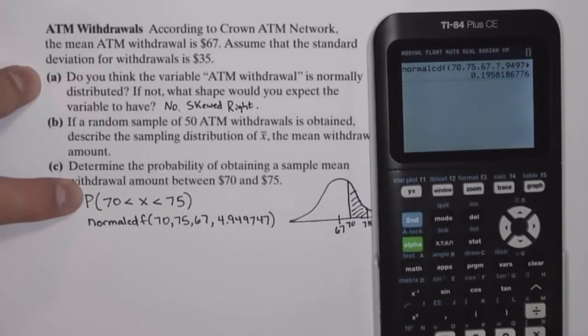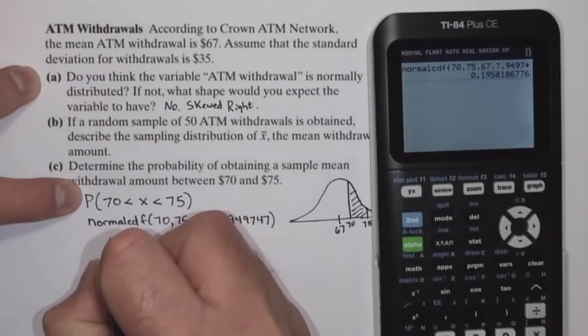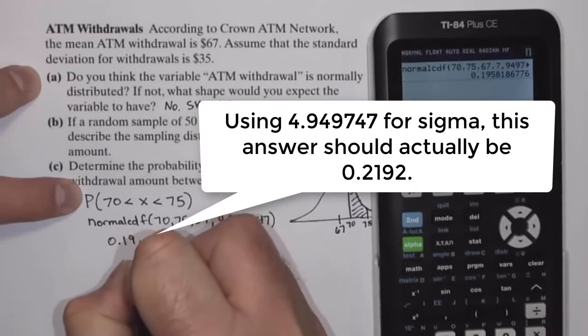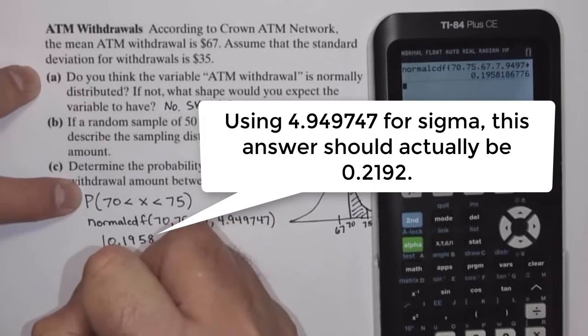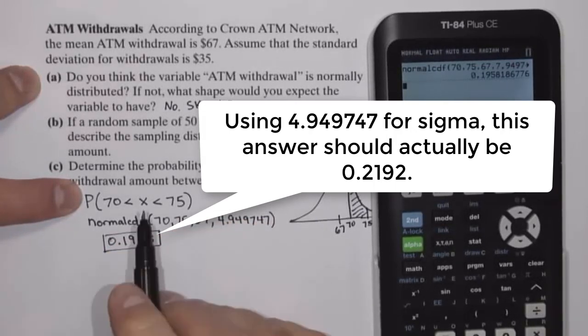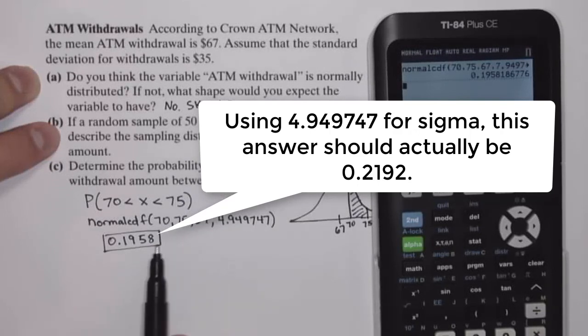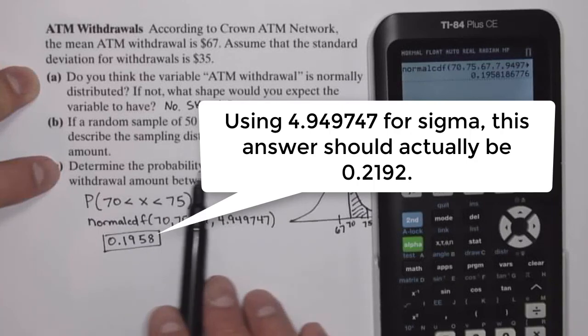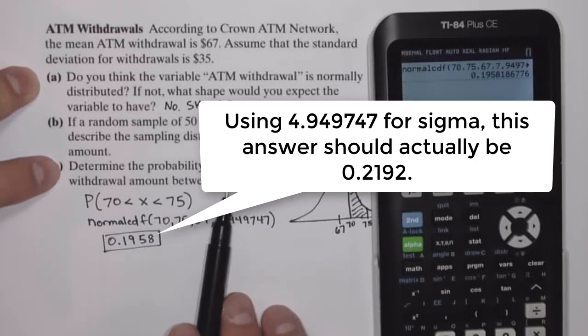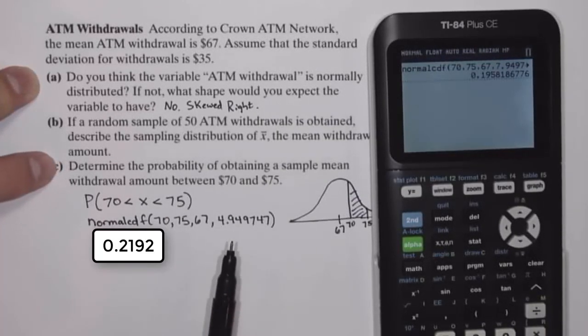And so that gives me a probability of 0.1958. So if I randomly select 50 ATM withdrawals, there will be a probability of 0.1958 that the mean of those 50 withdrawals will be between $70 and $75.